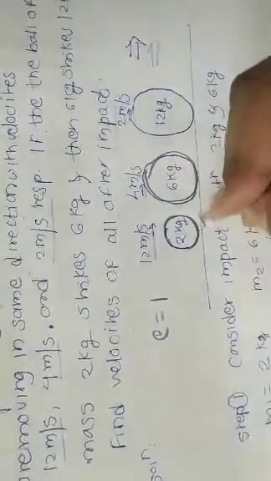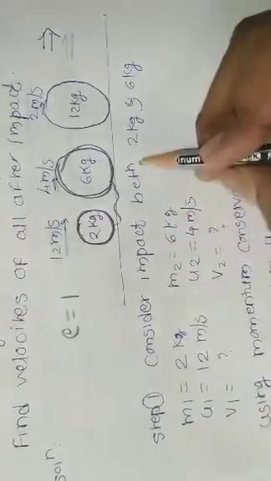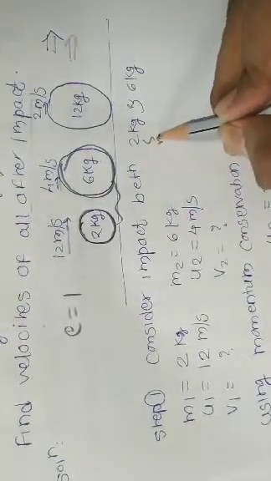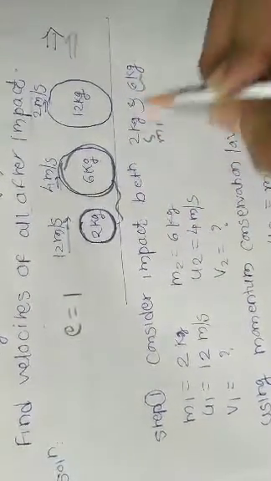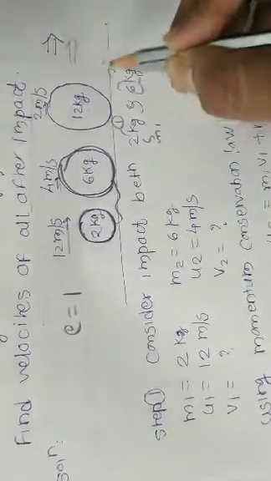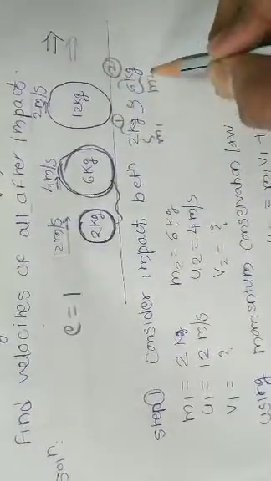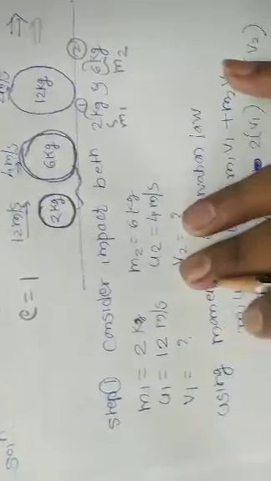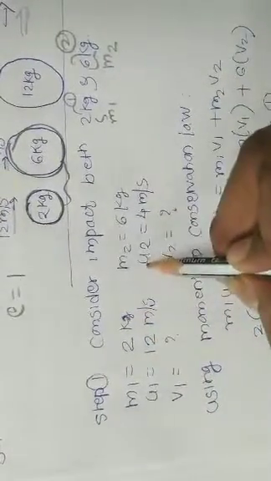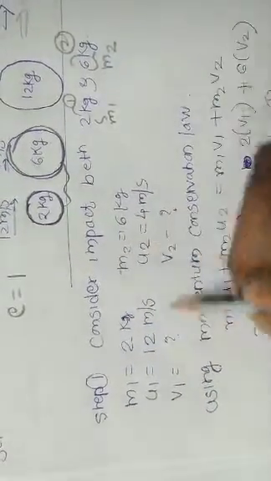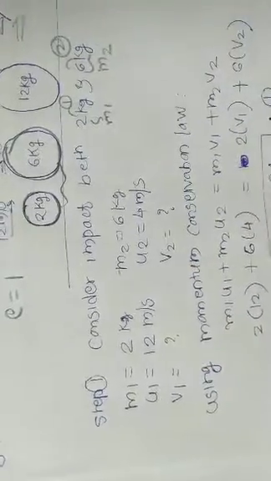Now we'll consider the impact between this 2 kg and 6 kg. We'll denote the 2 kg as mass m1 or ball number 1, and the 6 kg will be m2, ball number 2. u1, u2 and the masses are given; v1 and v2 are unknown.